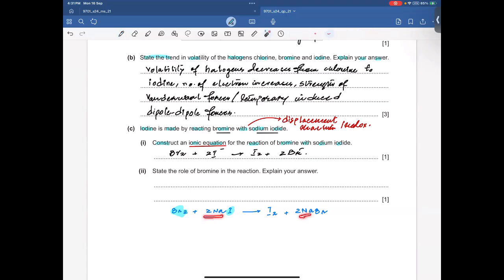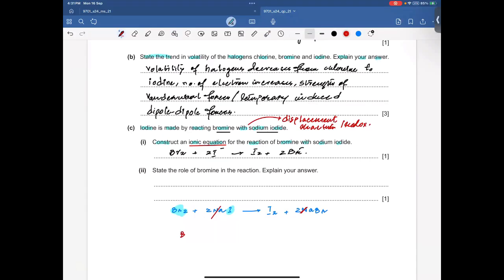And we need to mention 2 sodium here as well. So it's a balanced chemical equation. We know that sodium is a spectator ion. So spectator ions always cancel out with each other. So the final equation would be like this: Br2 plus 2 iodide converting into I2 plus 2Br minus. So that is the concept behind this ionic equation, which I've written over here, right?